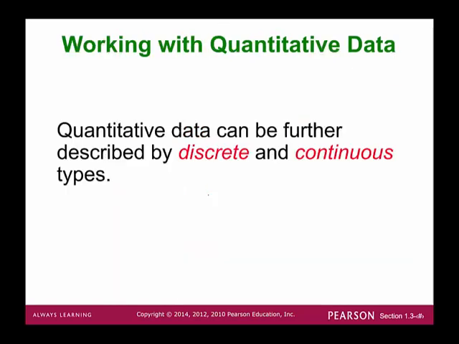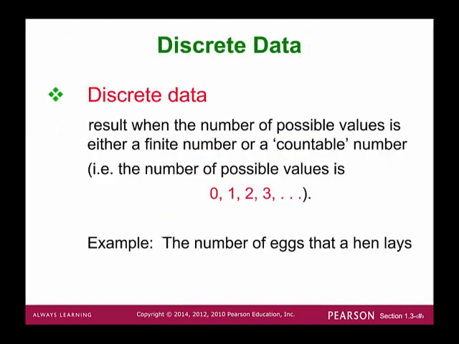Working with quantitative data could be further described as discrete data or continuous data. Discrete data is typically numerical, where possible values are either a finite number or a countable number.